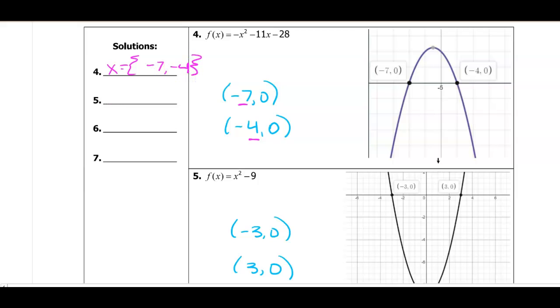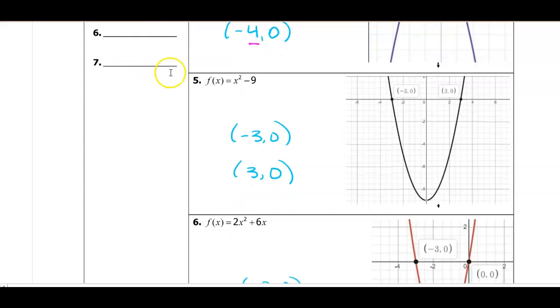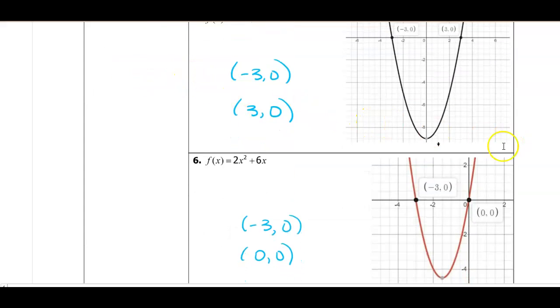And then in number 5, our graph hits the x-axis at -3, 0 and 3, 0. So our solutions are -3, 3. And number 6, the solutions here, -3, 0 and 0, 0.